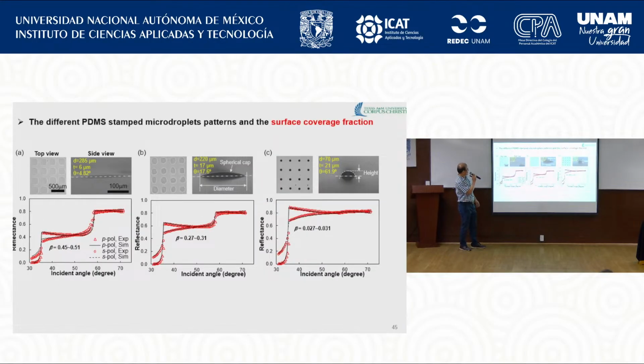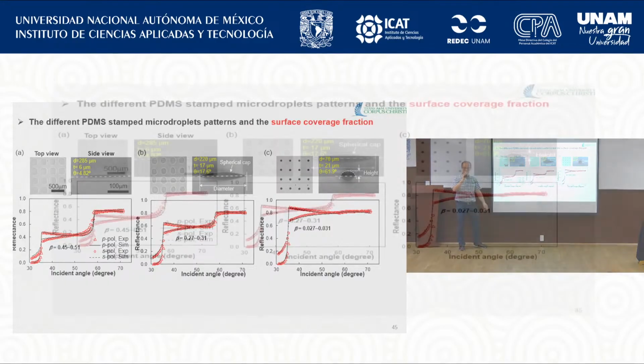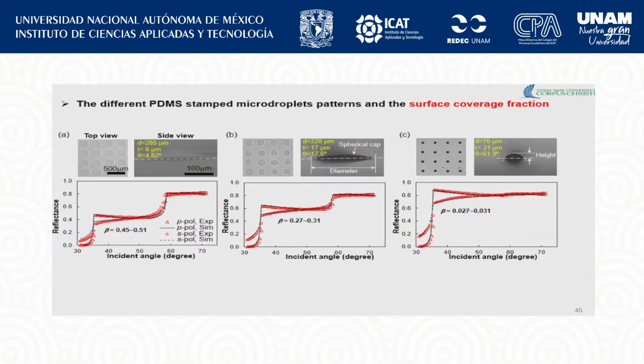And then we go through the reflectance measurement, P polarization and S polarization, for the controlled micro droplet patterns. And here we use oil rather than a volatile liquid.